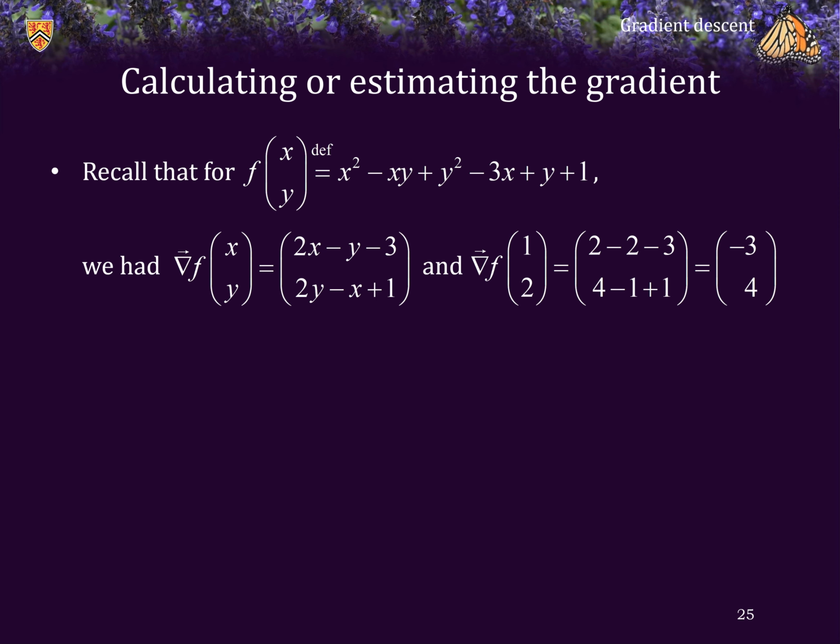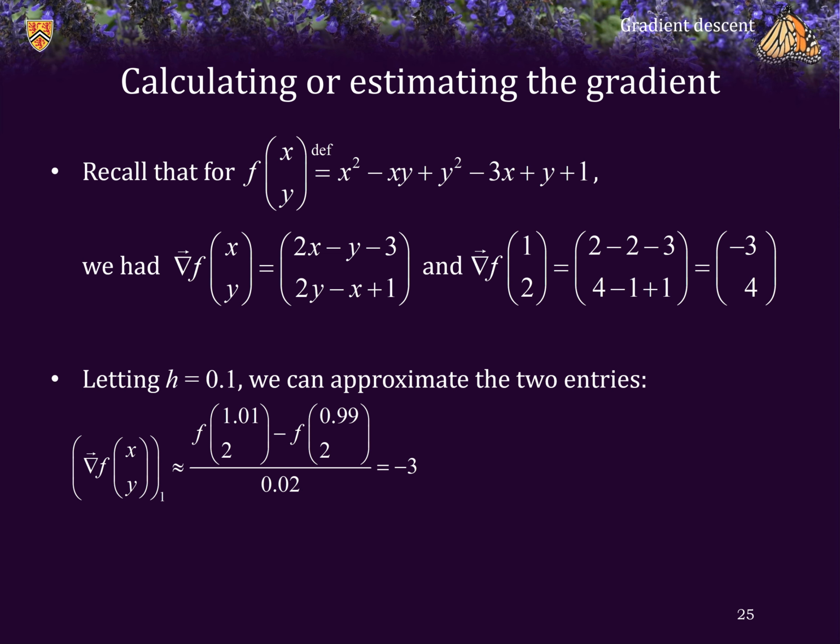Now, recall our example. We had the function f, a real valued function of a two-dimensional vector described as follows. And we calculated the gradient precisely using differentiation and evaluating it at, say, the point (1, 2). Well, we can approximate the gradient by having a value of h equaling 0.01 and then approximate the two entries of the gradient.